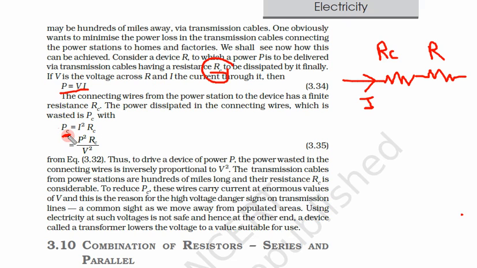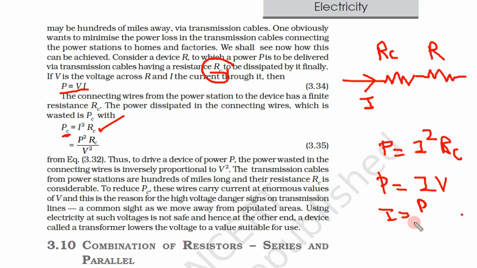Now how much power is consumed by this wire? The current is the same, so we take another form, P is equal to I square R. So R is RC, and I square RC is the power consumed in this wire. Now P is equal to IV, and because I is the same in both the resistances, I is equal to P by V, and I square is equal to P square upon V square.